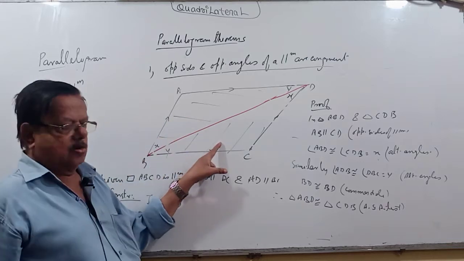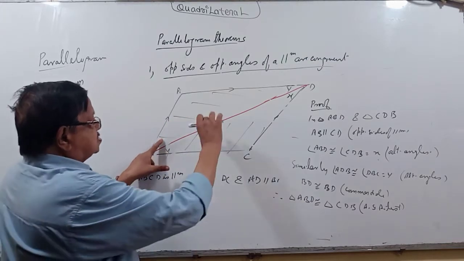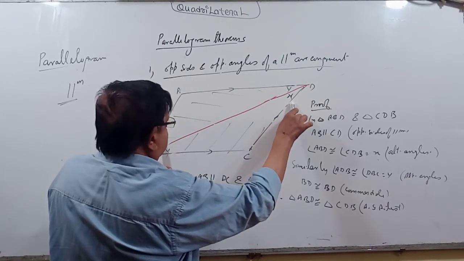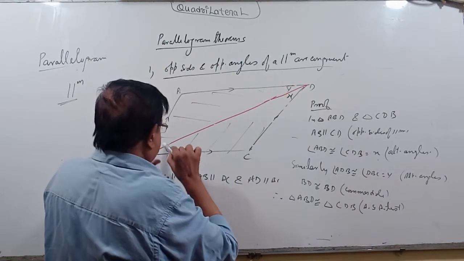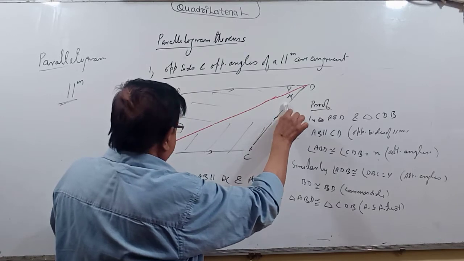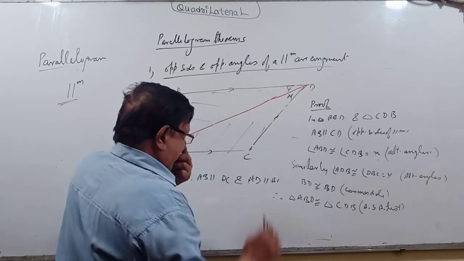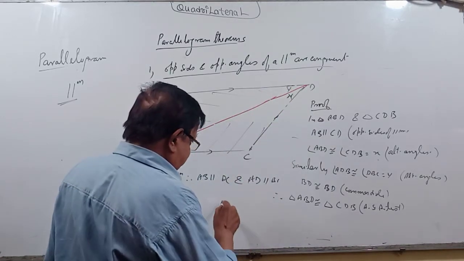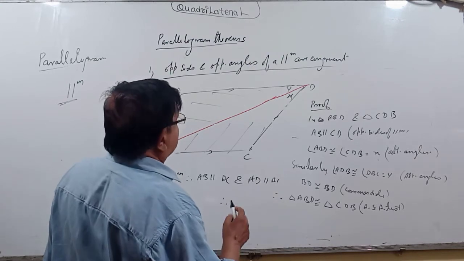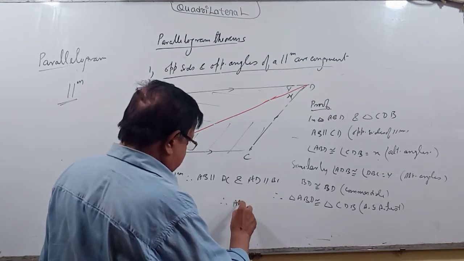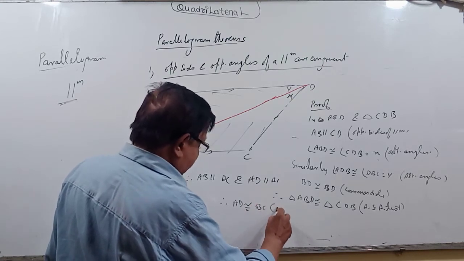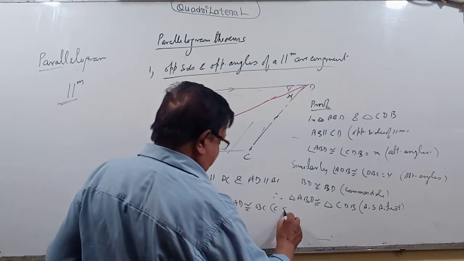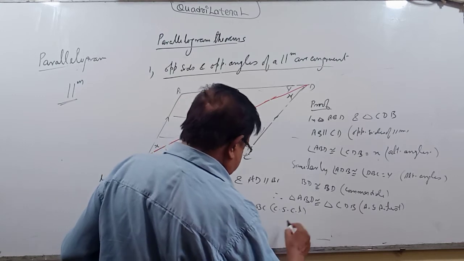These two triangles are congruent by ASA, the angle side angle test. Therefore, we can say AD is congruent to BC, corresponding sides of congruent triangles.